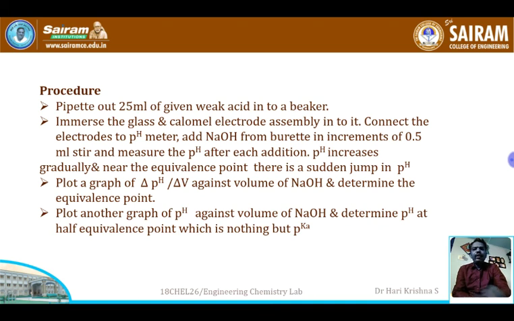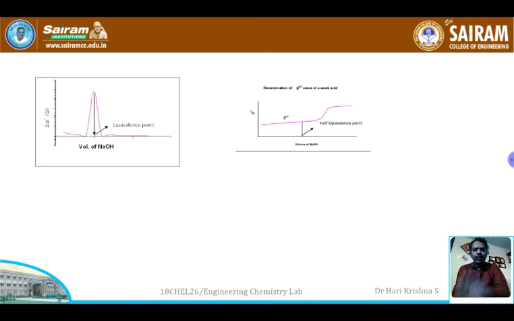Later we plot another graph of pH against volume of NaOH and determine the pH at the half equivalence point, which is nothing but pKa. The nature of the graphs is as follows. Once the experiment is over, it is tabulated, we calculate delta pH by delta V, and plot a graph of delta pH by delta V versus volume of NaOH. The nature of the graph is as follows.